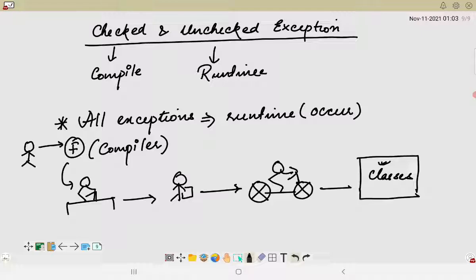But what happens is, there might be some unwanted event which the father cannot assume.